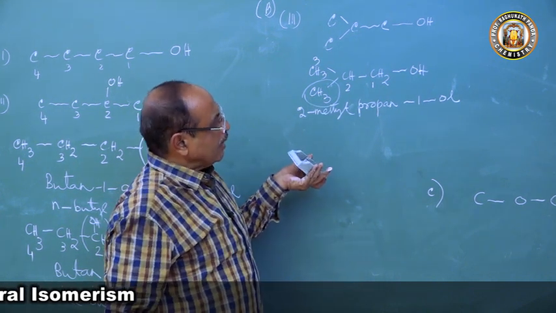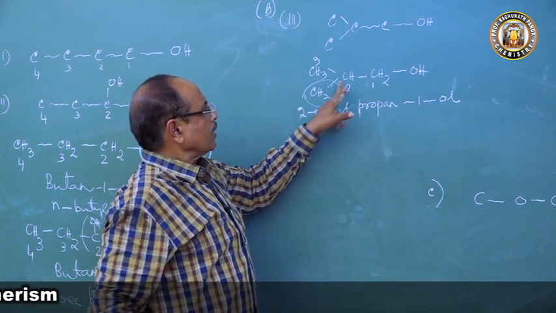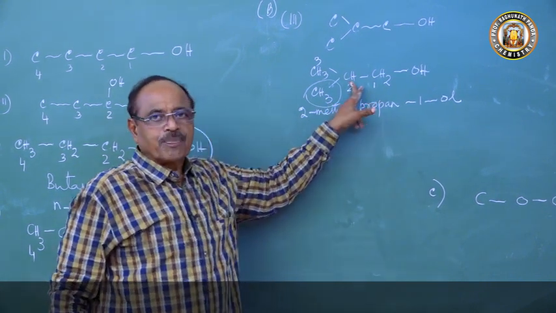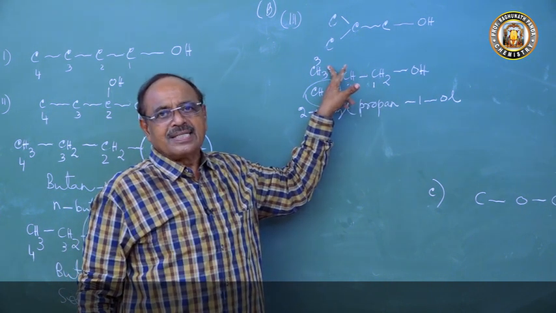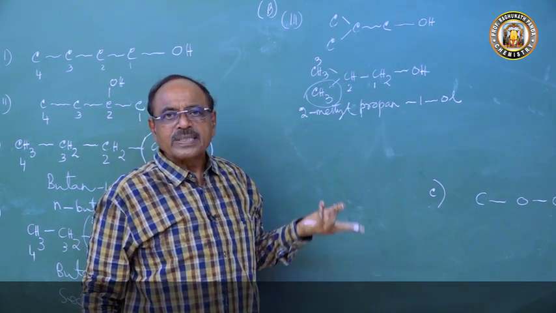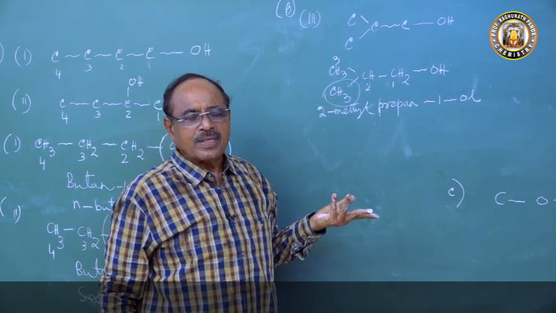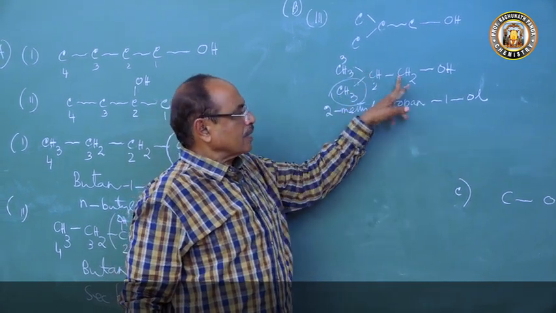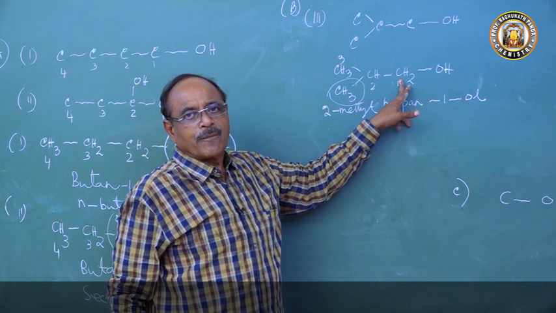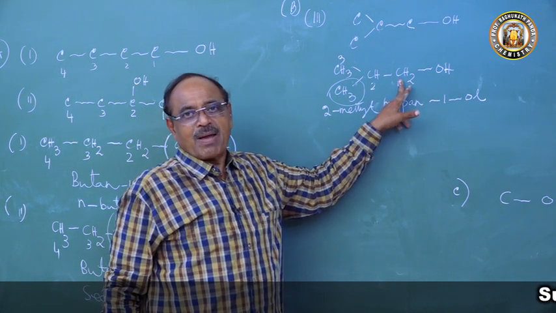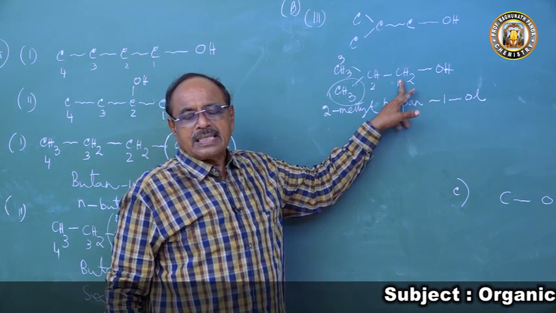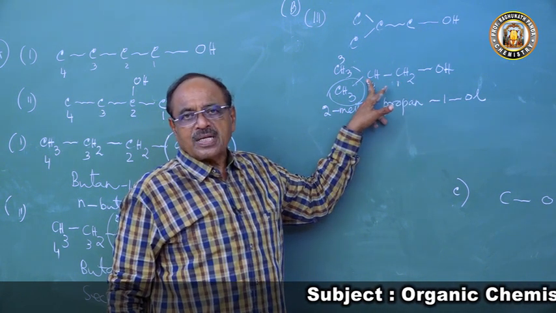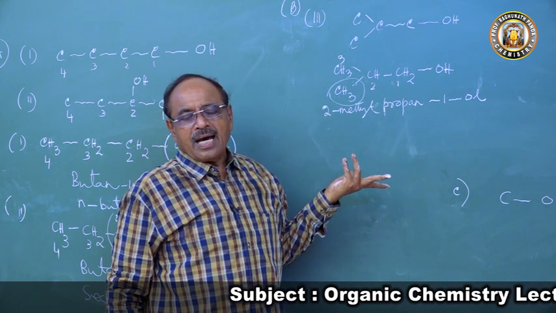Now if I write the common name, this carbon atom is an iso carbon atom because it is bonded to 2 methyl groups. And 4 carbon atoms are there, so it is a butyl alcohol, and one of the carbon atoms of butyl alcohol is an iso one.